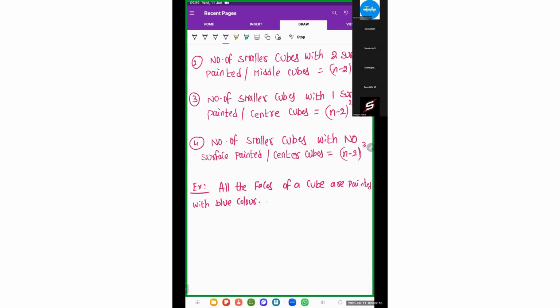Then it is cut into 125 small equal cubes, full stop.